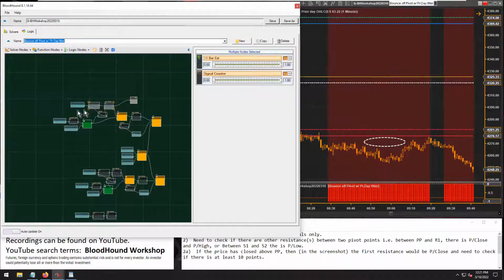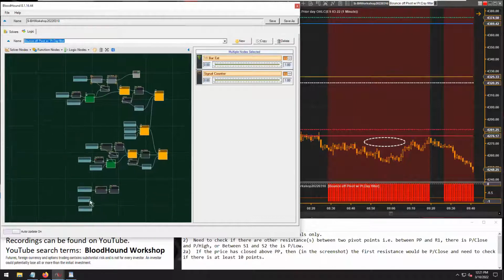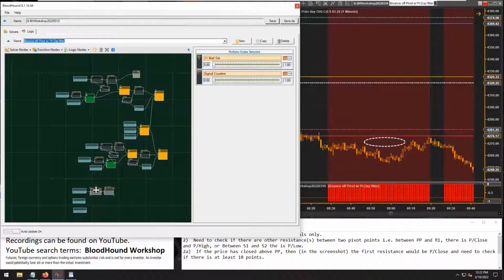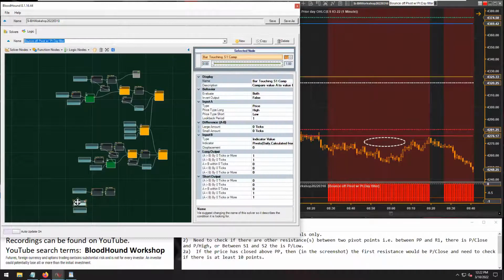The logic down here for S1 is going to reset the function nodes using the S1 touch. So we couldn't use the same exact nodes since we have different resets.